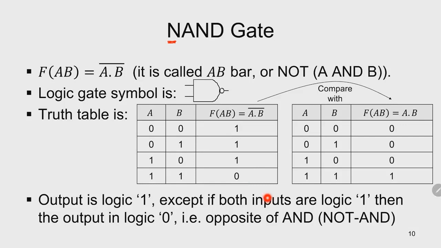In words, the output is logic 1, except if both inputs are logic 1. It will be 1 all the time, except when the two inputs are 1, then the output will be 0.